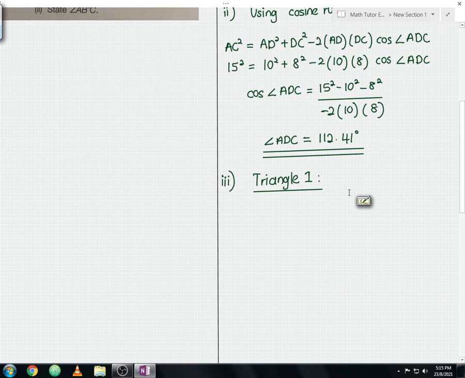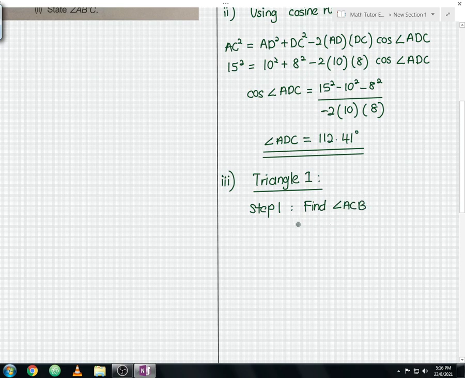To find the area of triangle 1, the first step is that we are required to find the angle ACB. So let me write the working here. Step 1, find angle ACB.